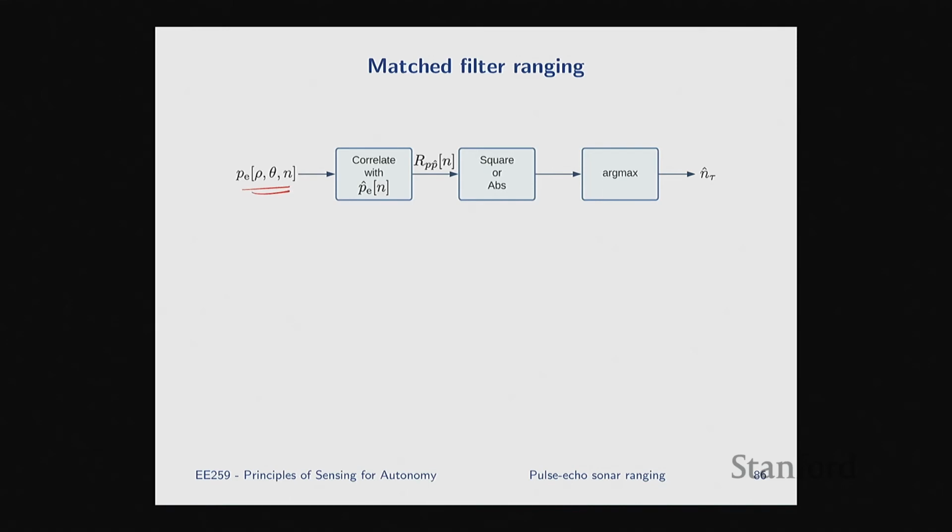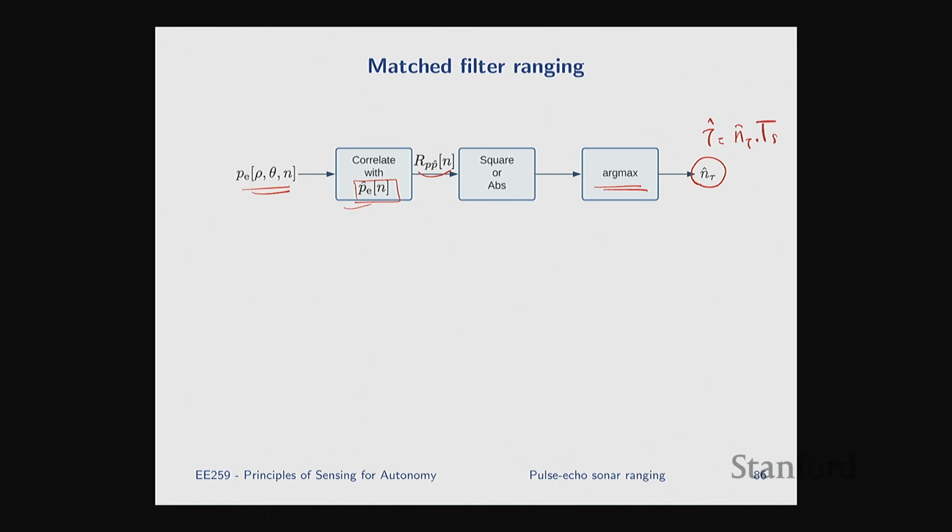This should be very familiar, how you do your matched filter ranging. Again, you receive your echo, you pass it through a correlator, you correlate it with your local replica of the waveform that you have transmitted, you get your correlation out, and then you square it, or take your absolute value, you find the peak, and the index corresponding to that peak is the discretized index for your tau, and then you compute your tau hat, which is basically n hat tau times your sampling interval Ts.